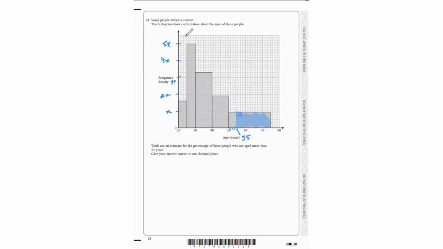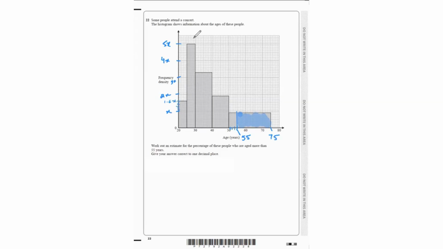Two big squares make one unit. That's what I'm saying, like it makes an x. So for this, from 55 to 75, the class width is 20. So this one is 1, 2, 3, 4, 5, 6.